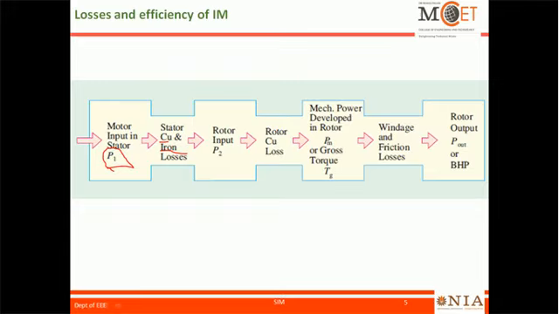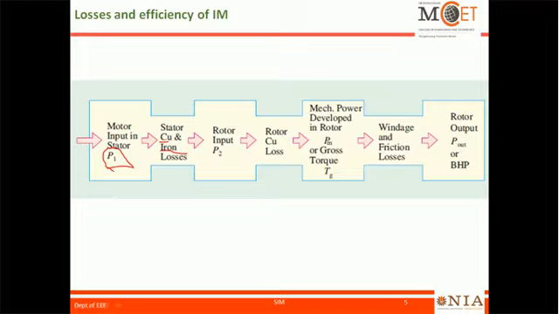If there is wind blowing nearby, that causes some losses. And the friction is because of the bearing, wear and tear of the bearing, and sometimes because of the alignment of the shaft.